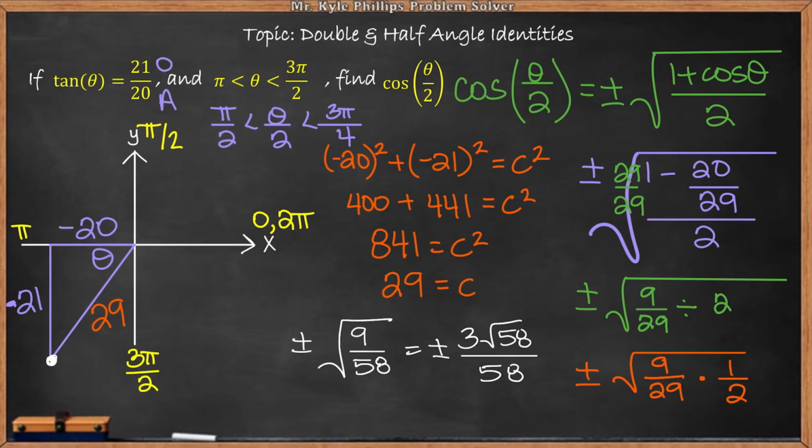The easiest thing to do is to look at our domain, between pi and 3 pi halves. If we cut that in half, pi divided by 2 is pi halves, and 3 pi halves divided by 2 is 3 pi fourths. This puts us in quadrant 2. Cosine is negative in quadrant 2, so this would be negative 3 root 58 all over 58.